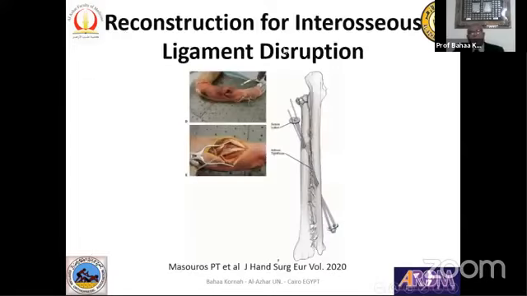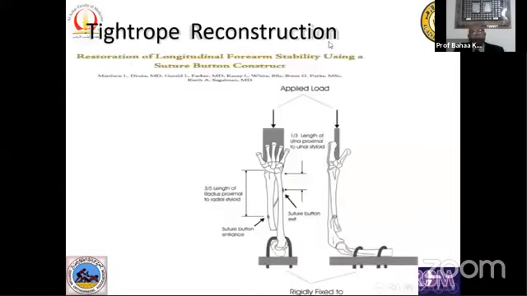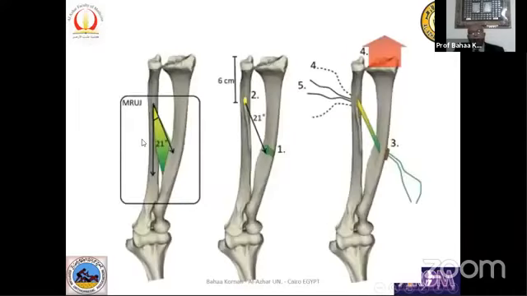This is an example of reconstruction of the interosseous ligament disruption by Moritomo using pull-out sutures. And this is the tightrope reconstruction, restoration of the ligament by tightrope. This is an example, and this is another diagram which shows the tightrope.